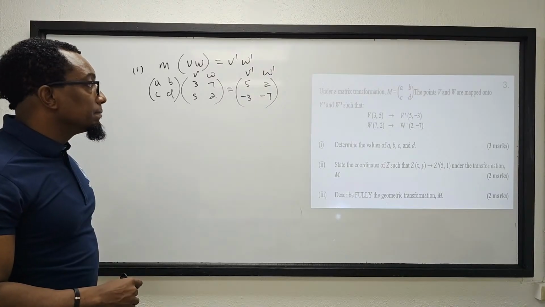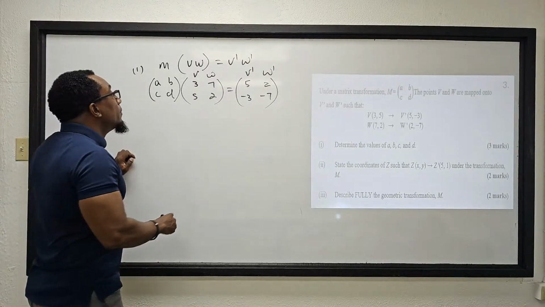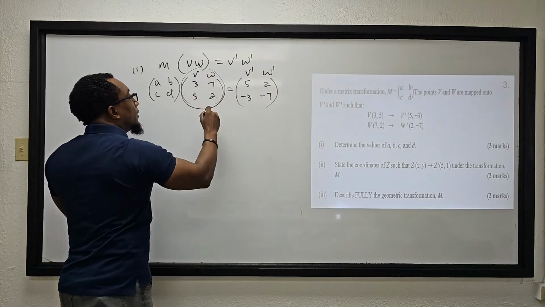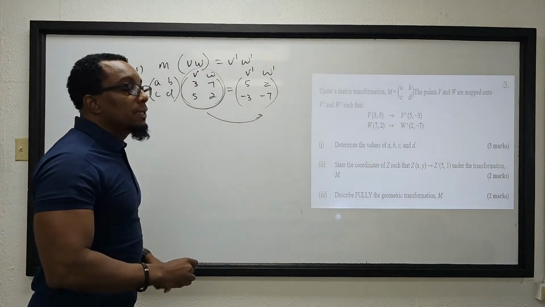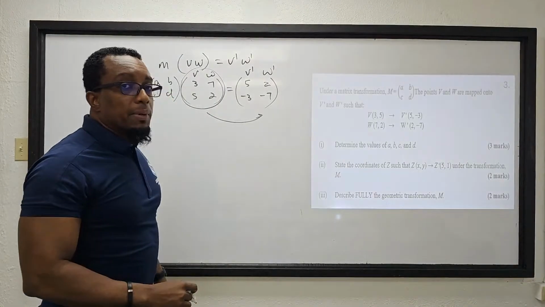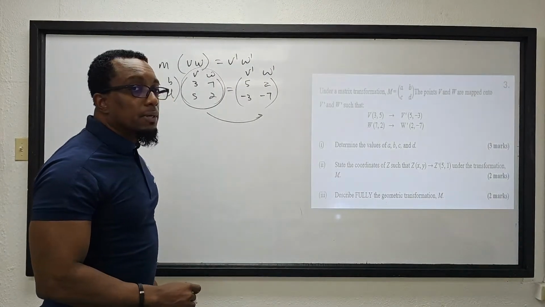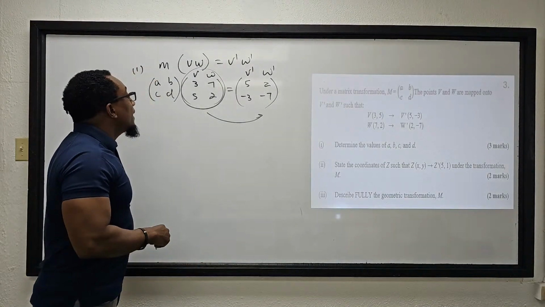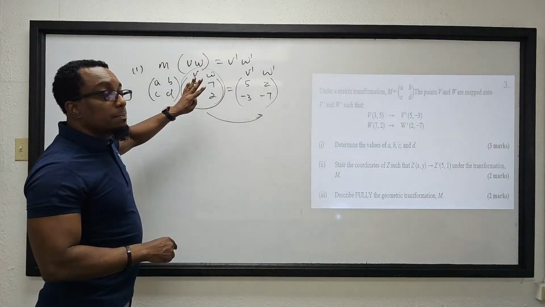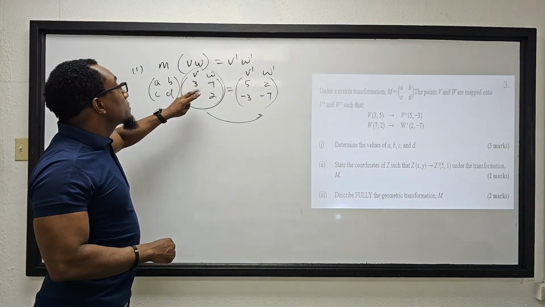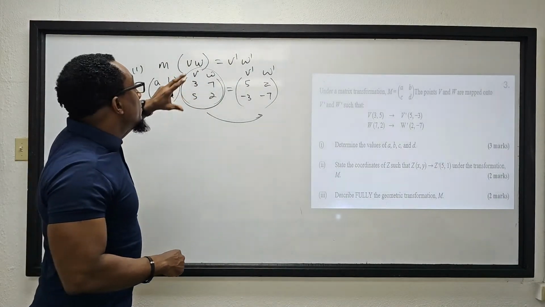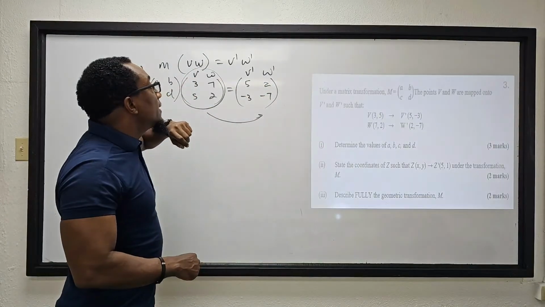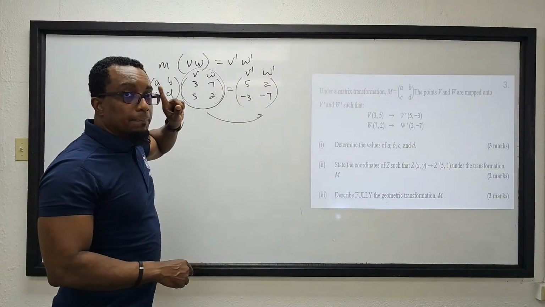I have to remove my VW over to the right of my equal sign. But when I remove my VW, it comes across to the right as the inverse. Because I am post-multiplying, post means after, I'm post-multiplying VW by M, when I bring across VW as the inverse, I have to post-multiply the inverse by V prime W prime.